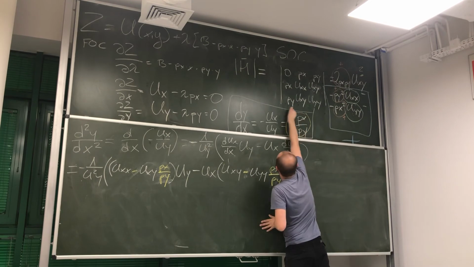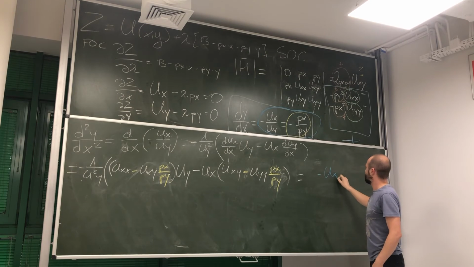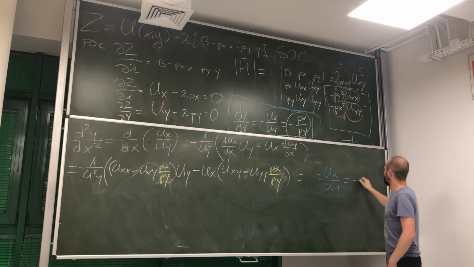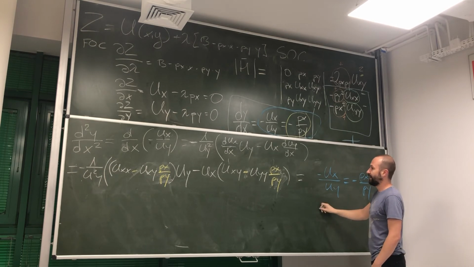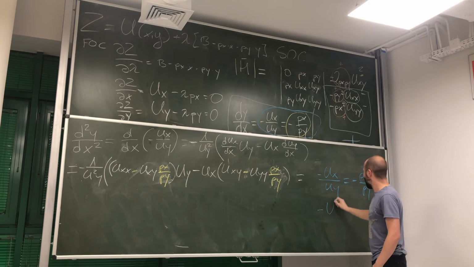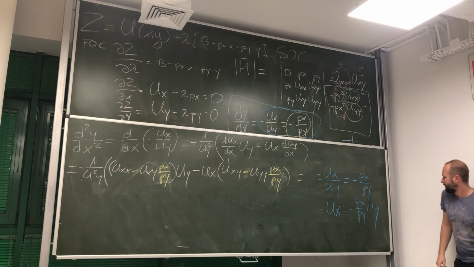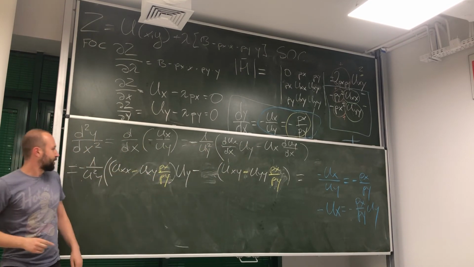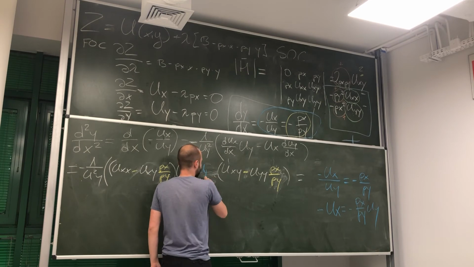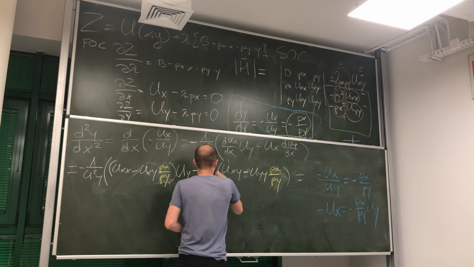If this condition holds, this means that negative ux over uy is equal to negative px over py, or that negative ux is equal to negative px over py times uy. So what I can do over here is replace this expression by negative uy px over py.